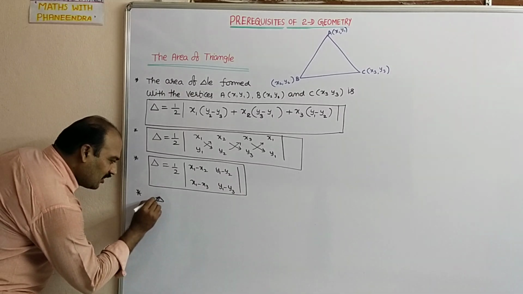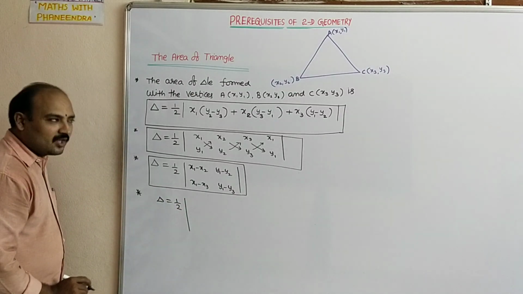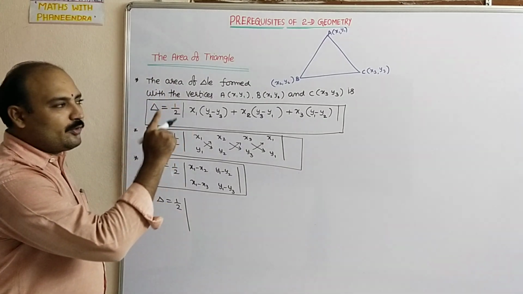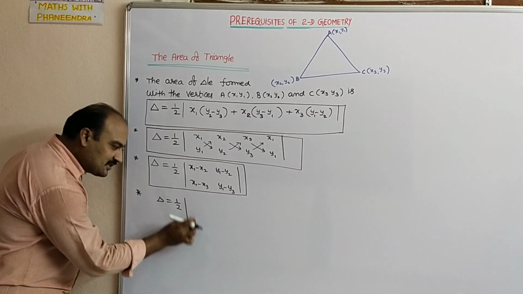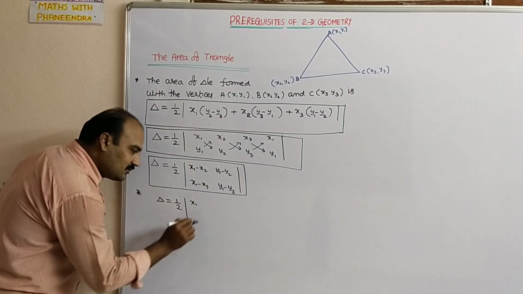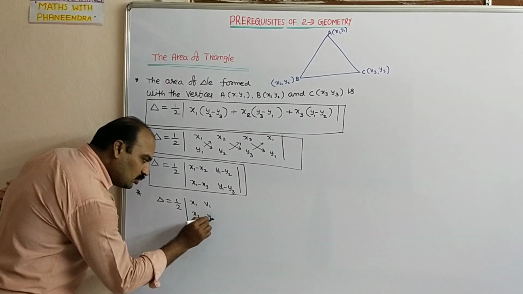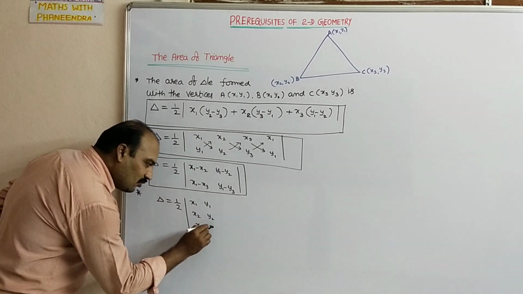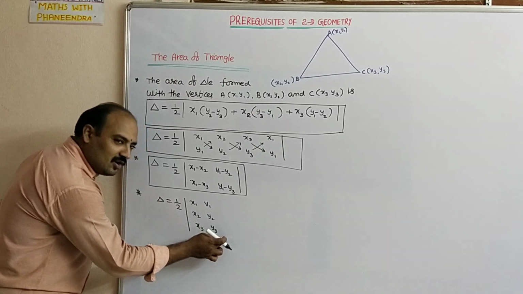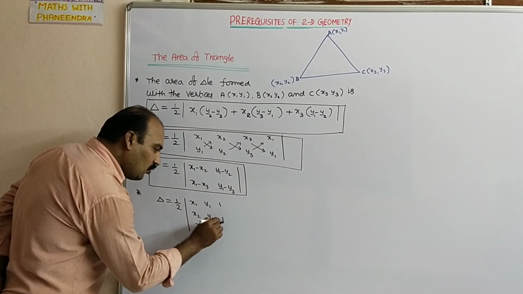Another formula also we can write. Delta, area of triangle, equal to half into mod of the determinant with rows x1 y1, x2 y2, x3 y3. In the first and second columns, the points you have to replace x1 y1, x2 y2, x3 y3. In the third column, all the elements you have to take 1, 1, 1.